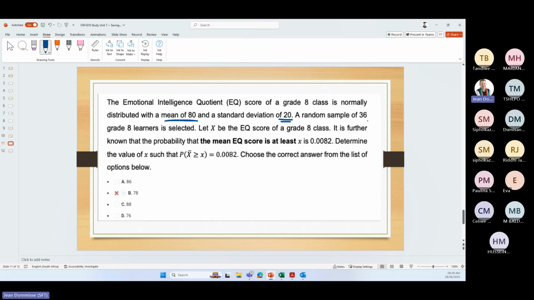A random sample of 36 grade 8 learners is selected. Let X be the EQ score of the grade 8 class. It is further known that the probability that the mean EQ score is at least X is 0.0082. Now we need to determine the value of X.